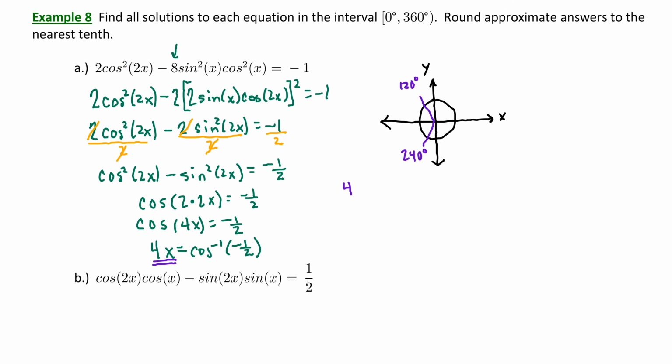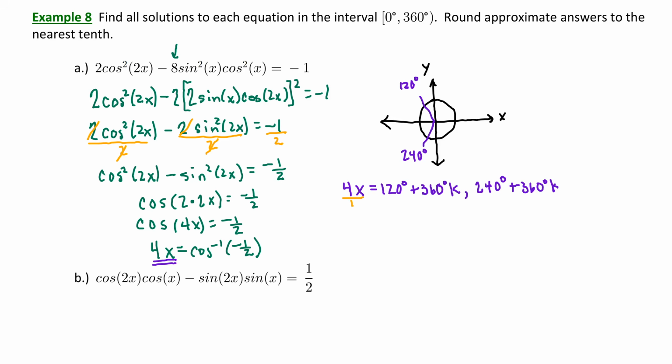So we can express the solution as 4x equals 120 degrees plus any angle coterminal with 120 degrees. We can express that as adding a multiple of 360k. Also 240 degrees plus 360 degrees times k, where k is an integer.